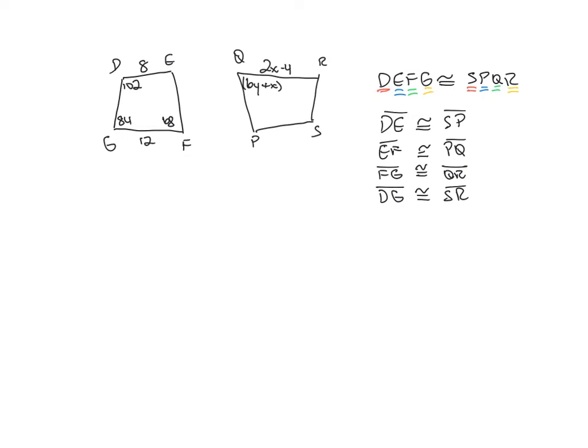So as you're trying to figure this out, you can say, well, I need to solve for X, and I have an X and a Y, so I'm just going to do the easier one as the X. Well, QR is 2x minus 4, so which one goes with QR? That would be FG, which is the 12. So I used that one right there to set up a small equation.